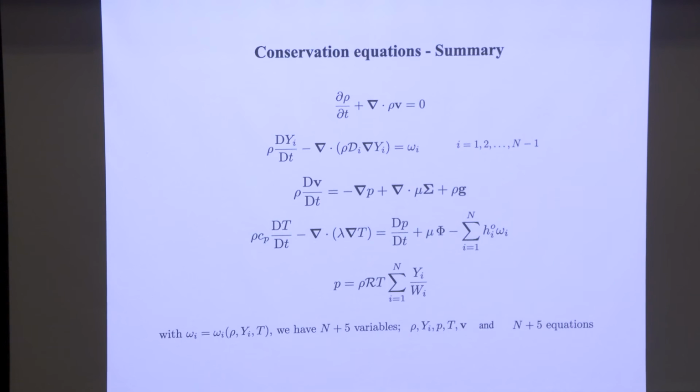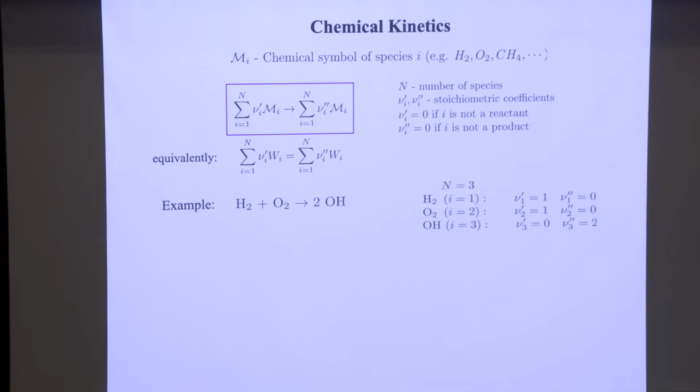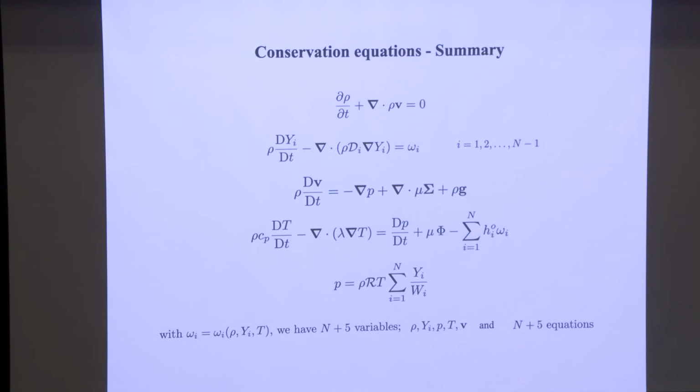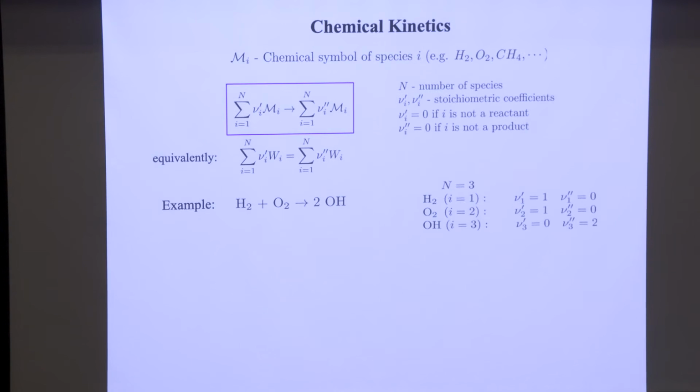So again, we go back to this same equation, and the only thing that we want to discuss now is omega I, the reaction rates. Okay, for this we need a brief discussion of chemical kinetics. So if we have different species that I refer to as the script Mi, for example H2, O2, CH4, and so on, a chemical reaction can be written mathematically in this form: nu I prime Mi goes to nu I double prime Mi.